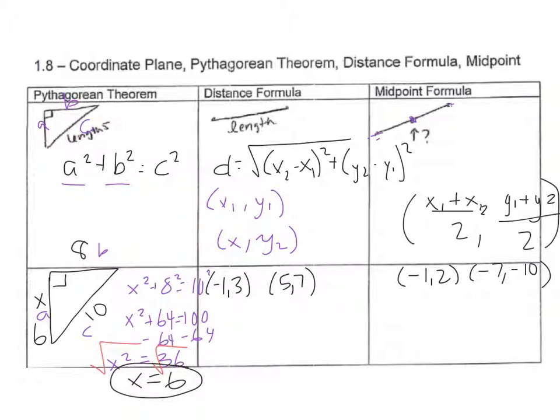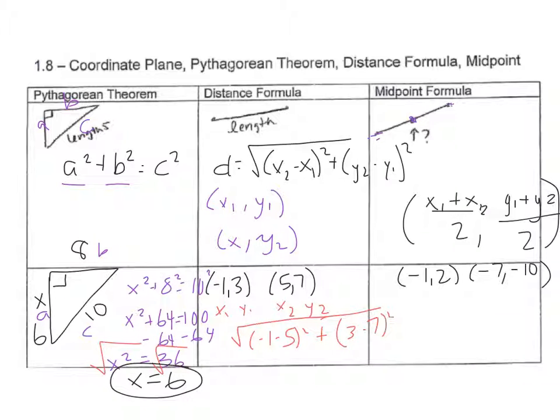The distance formula, this is going to be my x1, y1, x2, y2, and then I carefully plug it in. So the distance equals the square root of, subtract the x's, -1 minus 5 squared, plus, subtract the y's, go in the same order, 3 minus 7 squared.